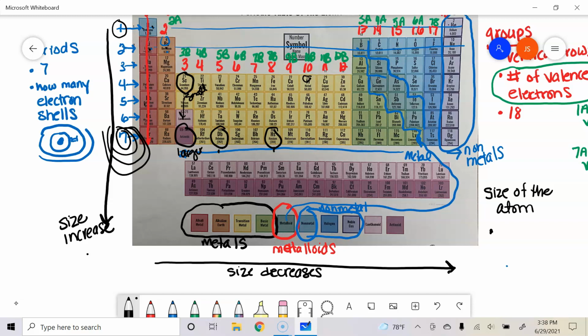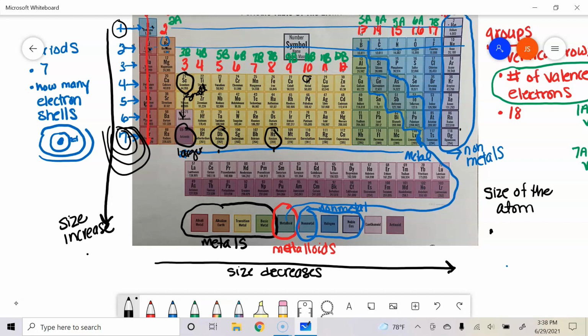Metalloids are going to be kind of half metal, half not metal, and then the nonmetals are going to be dull and non-conductive. We know that there are characteristics and groupings, subgroupings of metals, subgroupings of the nonmetals. Halogens is a subgroup, and noble gases are the most stable of all of the elements because they have a full set of valence electrons.